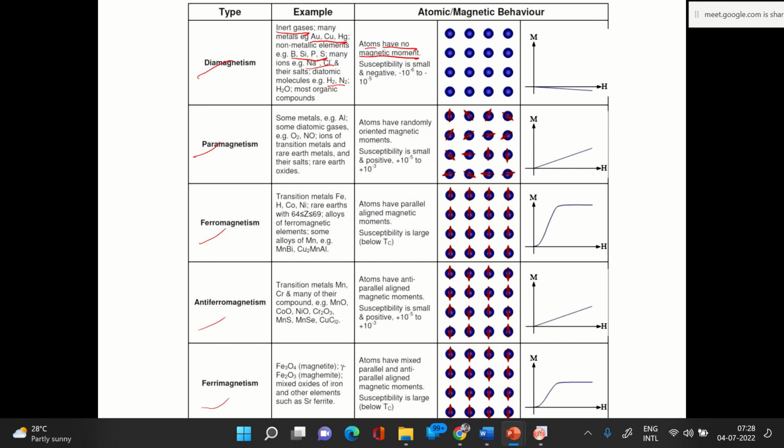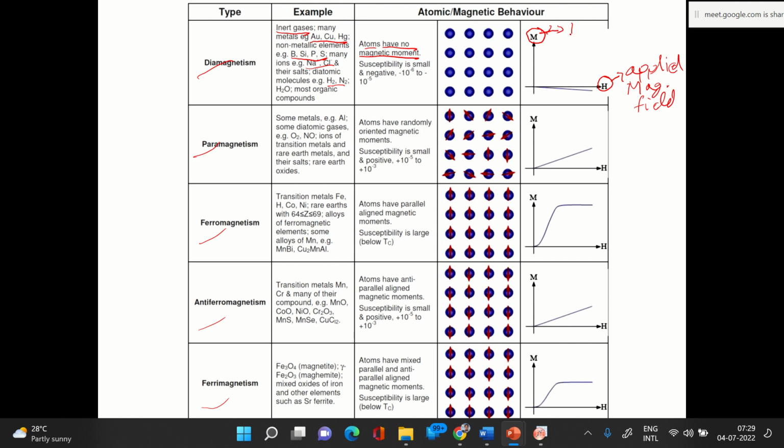when you put them in a field, on the extreme right you see a graph that is M versus H. H is the applied magnetic field, and M is the magnetization.